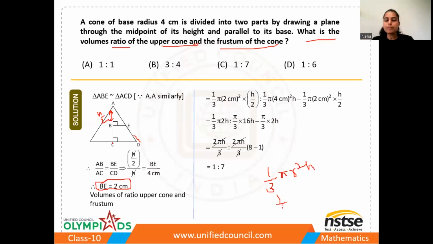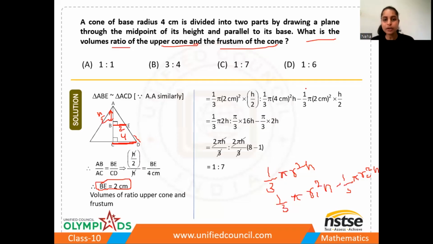It is 1 upon 3 pi r1 square h minus 1 upon 3 pi r2 square h, where r1 and r2 are basically the larger radius and the smaller radius. So BE will be the smaller radius for the frustum, and CD will be the larger radius for the frustum. As you know, this is 4 and this is 2 now.